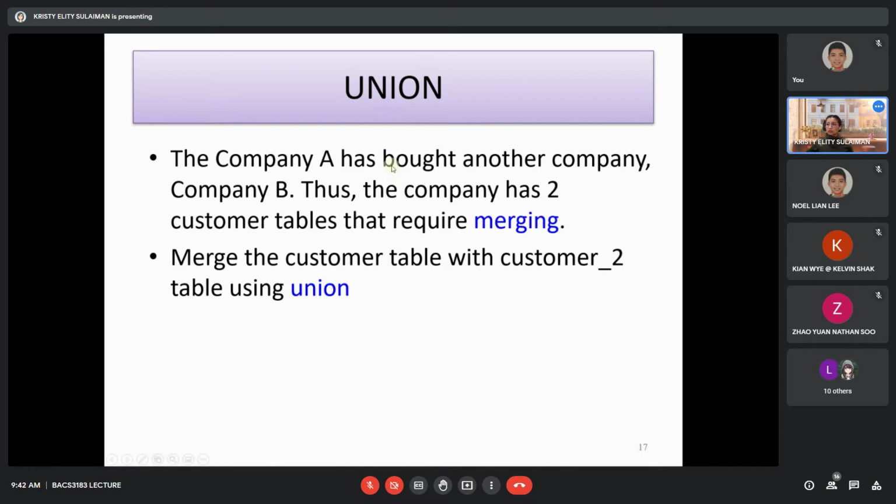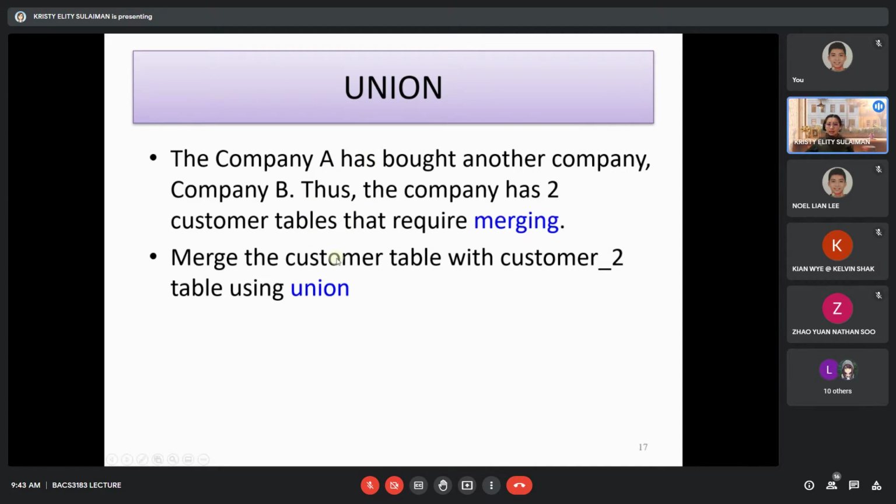So you want to merge the customer table with the customer two table using union. You will be able to merge the tables using this union operation. So this is a scenario where union will be used, and the duplicates from company A and company B will be eliminated.